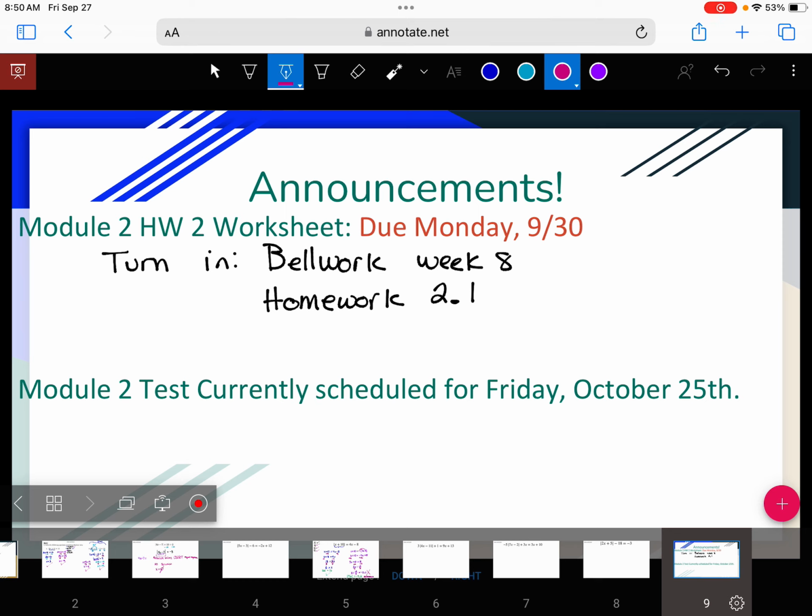What would we do to get this X by itself? What's happening between my X and 2 and my 3? If they're smashed together? Multiply. So how do I get rid of the 2 and 3? Right? Even though it's not a 2 and a 3, it's an R and a T.